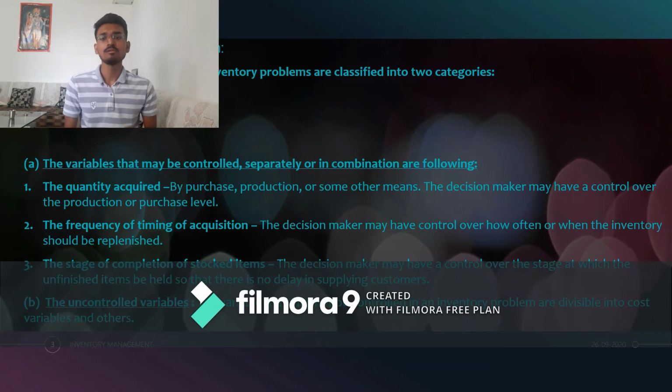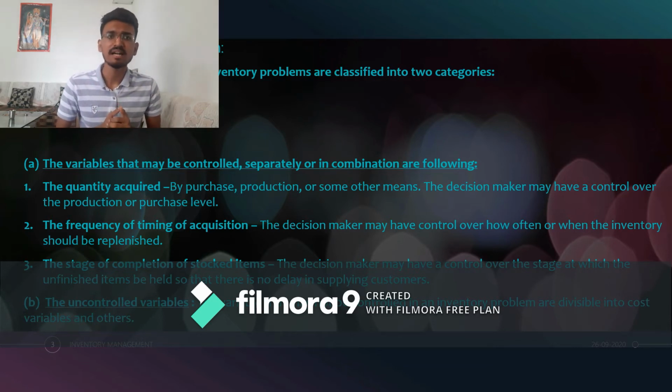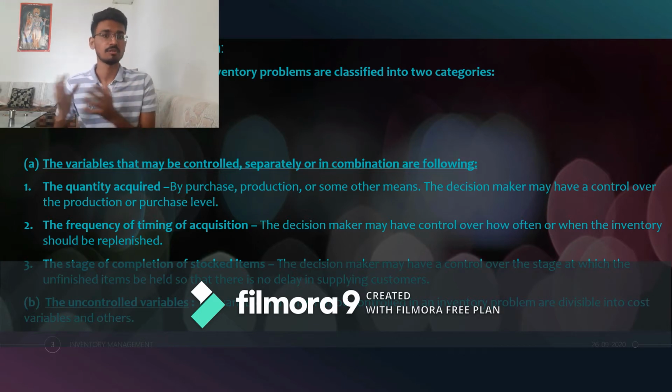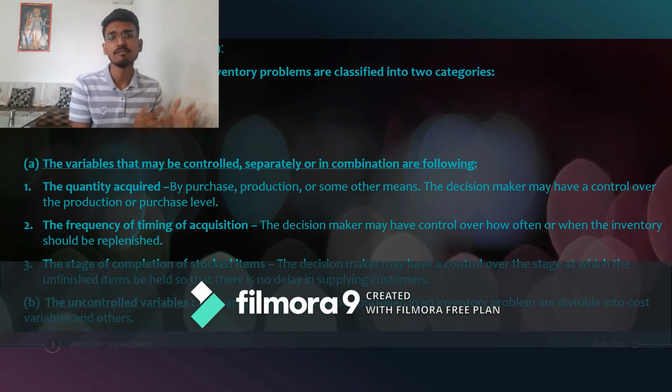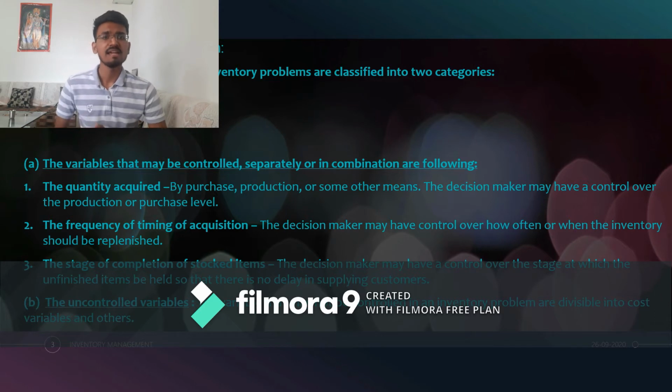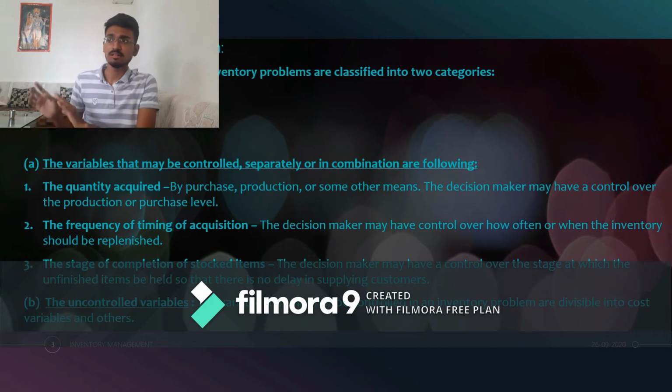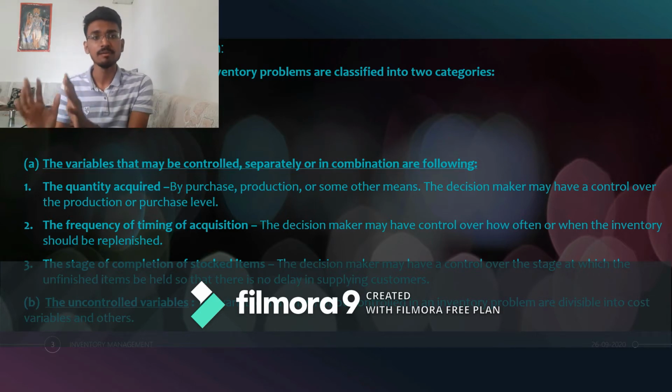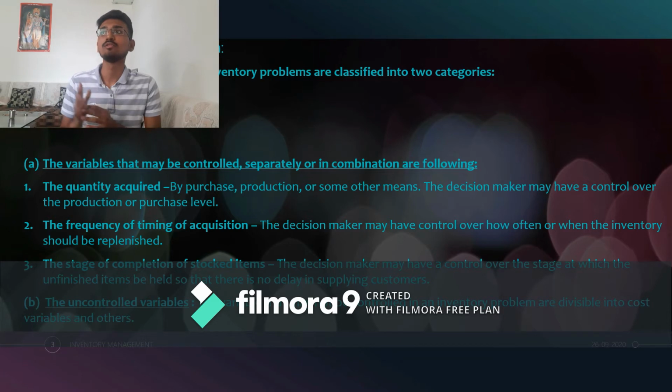Now, coming to the variables in an inventory problem, there are two types of variables: control variables and uncontrolled variables. So what are control variables? Control variables are those that can be controlled manually. Like a decision maker can decide when to purchase raw material, how often the inventory should be replenished, and when to stop the production while it is under the inventory of work in progress, so as to fulfill the demand on time.